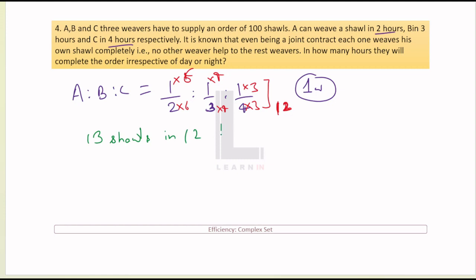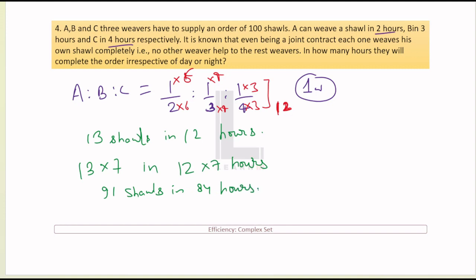So we could have got 91 shawls in this way by multiplying 13 by 7, in 12 into 7 hours, that is 91 shawls in 84 hours. Now how to proceed?